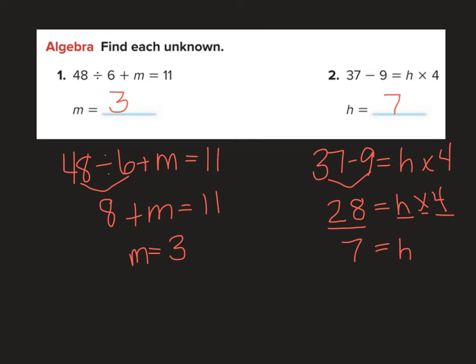So I can check. H times 4 is 28. And 37 minus 9 is also 28. Let's double check. 37 minus 9. 17 minus 9 is 8. 2 minus 0 is 2. 28. Yep. So I know that h is equal to 7.